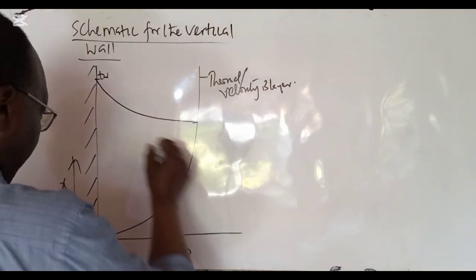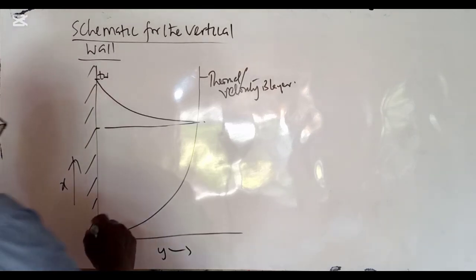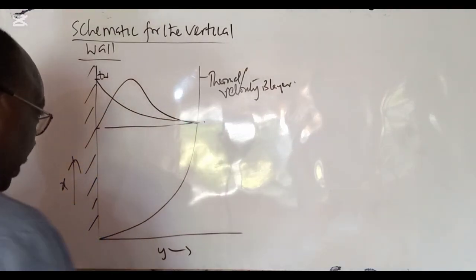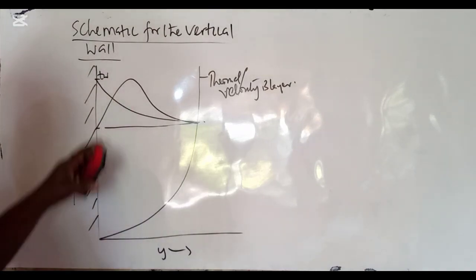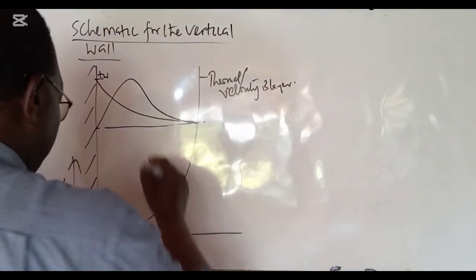We had already discussed all this. And in terms of velocity, we have a maximum velocity, and then where it is zero. Remember, at the wall, the velocity is zero. Talked of the no-slip condition and so forth.